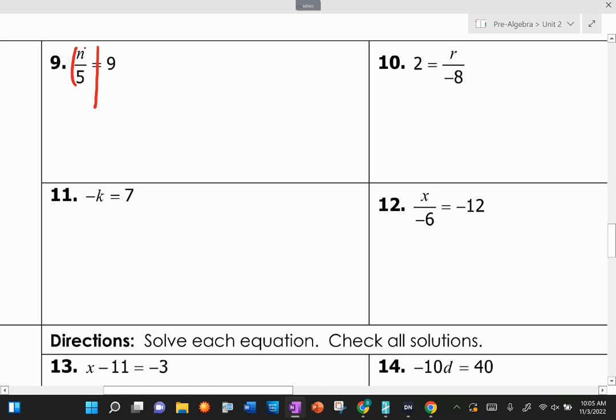We're going to put parentheses around it because parentheses mean multiply. And then I'm going to put a 5 that's going to be multiplied to the top of this fraction. Then I'm going to do the same thing to the right side. So you insert parentheses. Those tell you to multiply. Now what happens to the 5 on top and the 5 on bottom on the left side? They're going to cancel out. So I'll bring down the n equals, and then I have 9 times 5, 45.